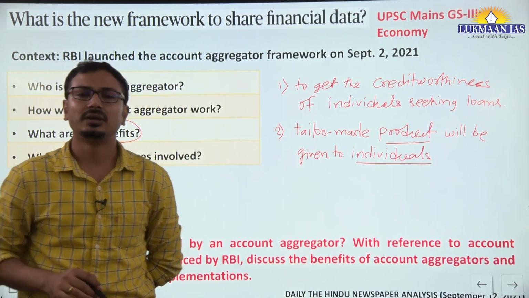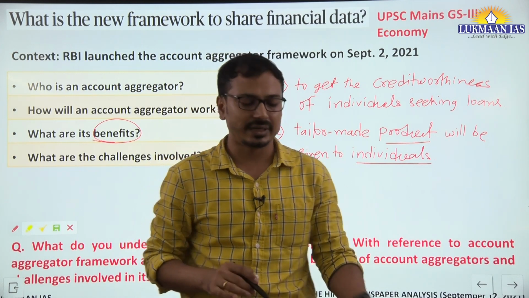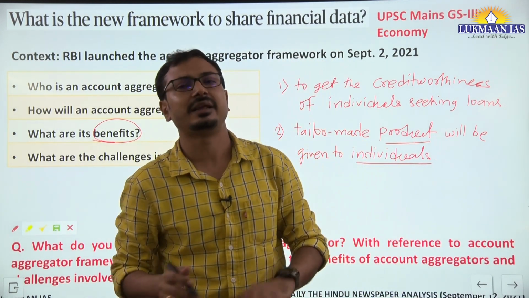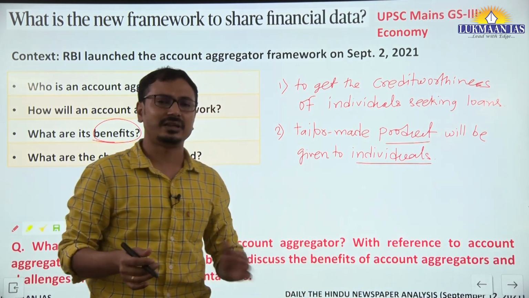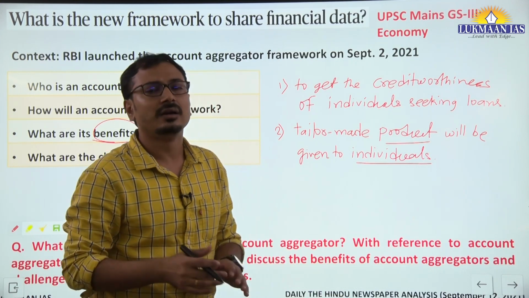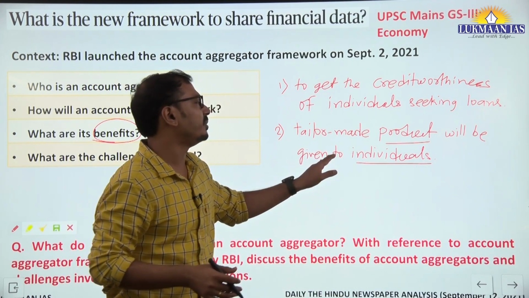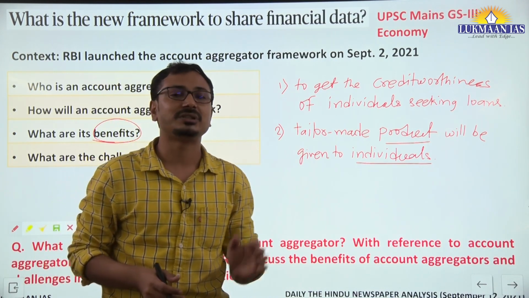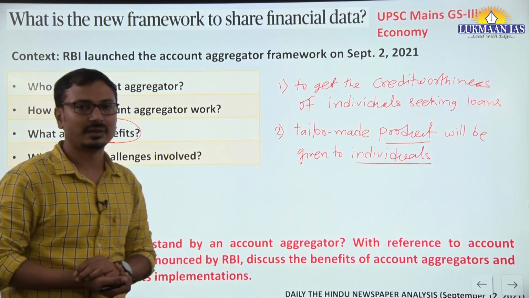Suppose the individual has worked or invested in a certain sector, for example the housing sector, or is buying a new car, right? So a tailor-made product will be given to that individual on the basis of the information the bank is receiving.